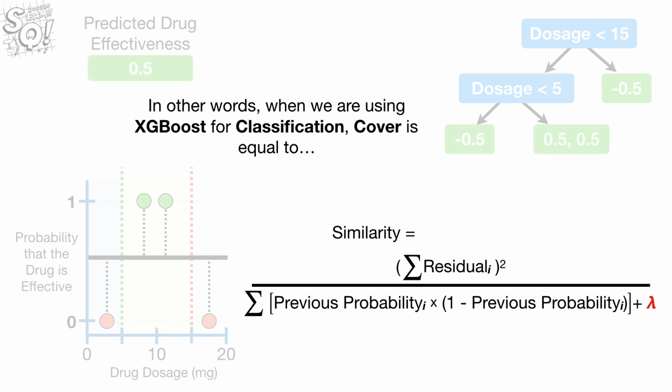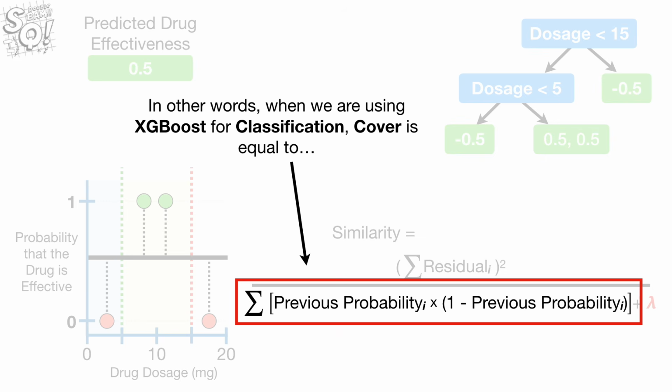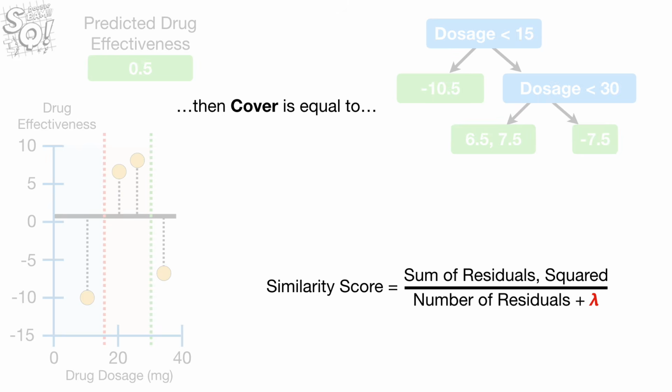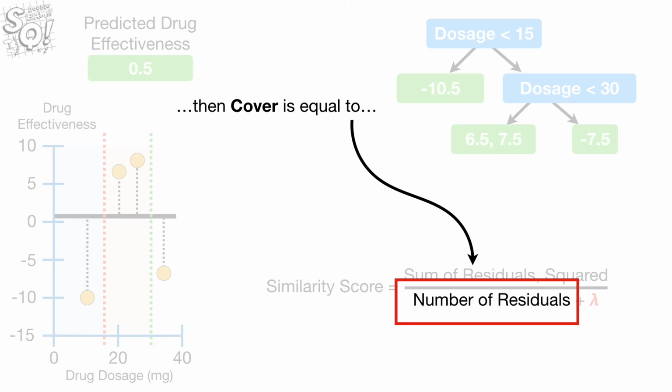In other words, when we are using XGBoost for classification, cover is equal to the sum of the previous probability times 1 minus the previous probability for each residual that's in the leaf. In contrast, when XGBoost is used for regression and we are using this formula for the similarity score, then cover is equal to the number of residuals in a leaf.